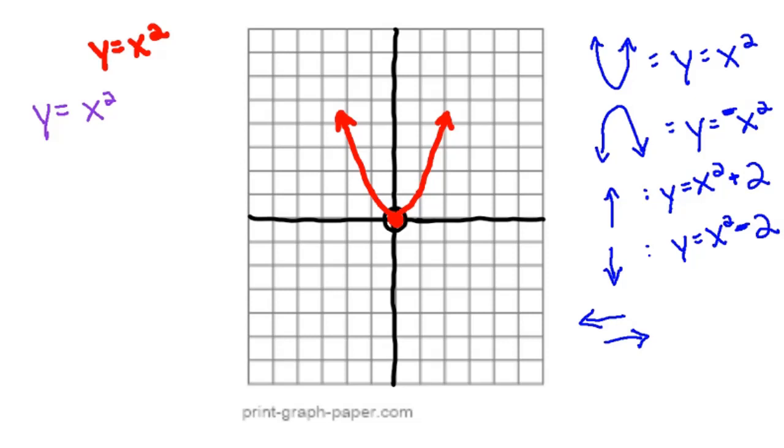So what we do for this is that you change this into x, and then if I want to go to the right, it seems counterintuitive, but you would think it would be a plus 1, but it's actually not. It's a negative 1.